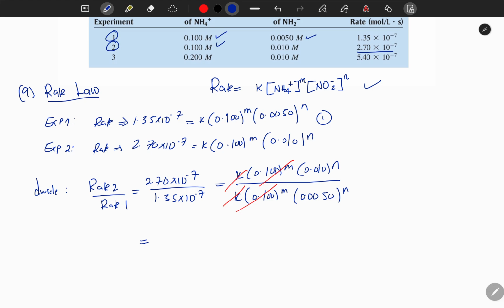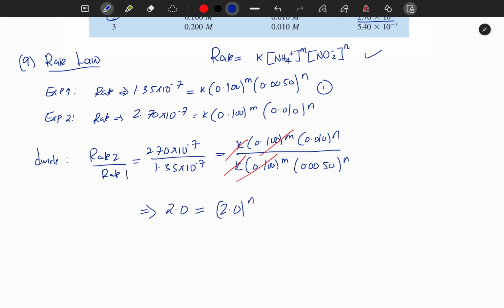So here, 2.0 is equal to, 0.010 divided by 0.0050 is also 2. So 2.0 to the power n. You get the concept, right? Laws of indices: same bases, that means the powers are equal, so n is just equal to 1. So we found n.